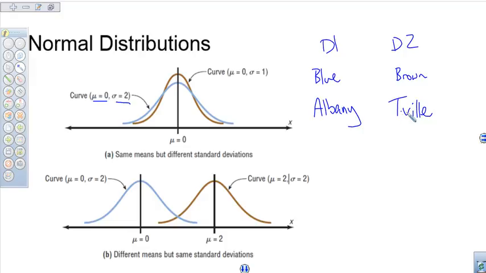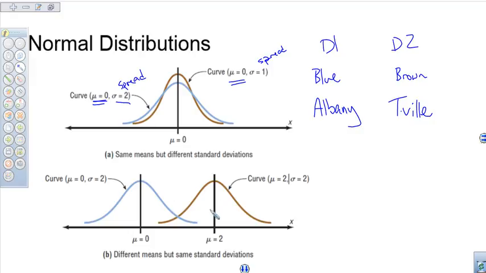What we're saying here is that these two towns have exactly the same average height, but their standard deviation, which is also known as the spread, is different. So how spread out the data is, is different.